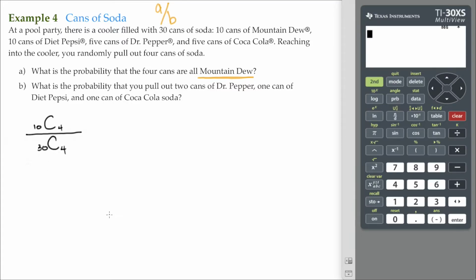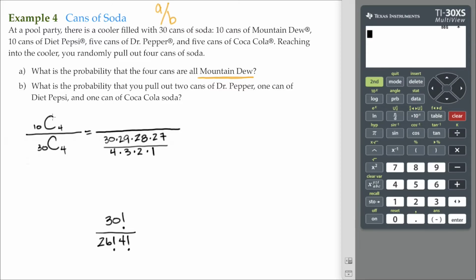Now 30 choose 4, that is 30 factorial divided by 30 minus 4 factorial, that's 26 factorial, times 4 factorial. The 26 factorial will cancel out the 26 factorial up here in the numerator. So this is going to leave us with 30 times 29 times 28 times 27 over 4 times 3 times 2 times 1.